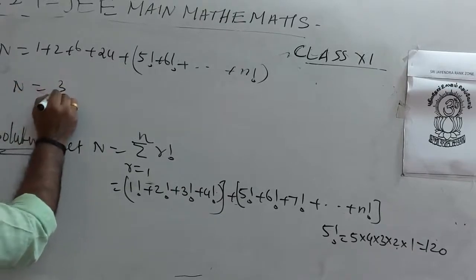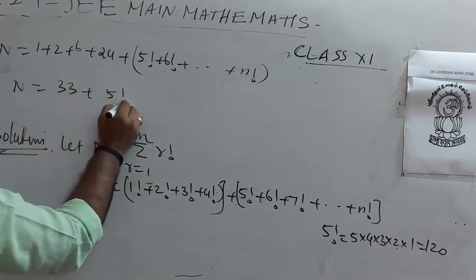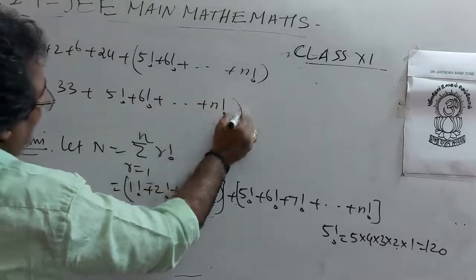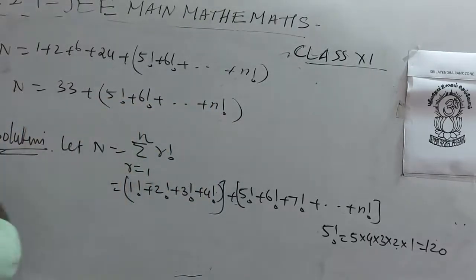So n equals 33 plus 5 factorial plus 6 factorial up to n factorial.